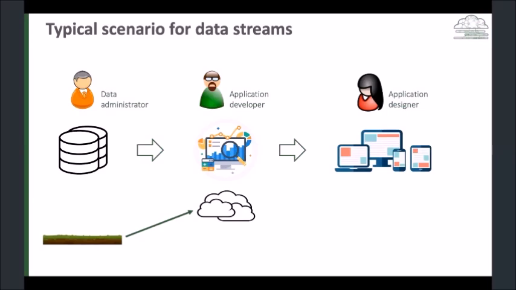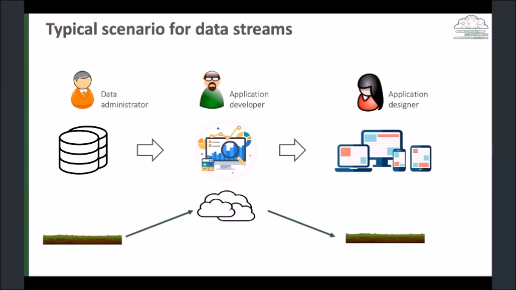This is why we need to move the data from the edge to the cloud in order to be processed. And the application designer will need, especially in mobile applications, to have the result transmitted to the ground, so to the edge again.